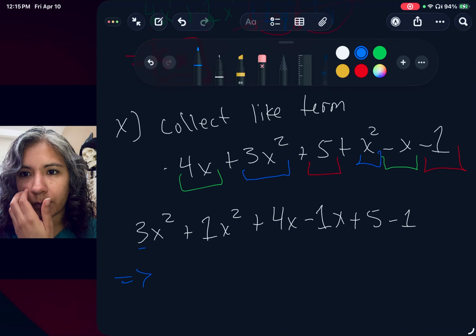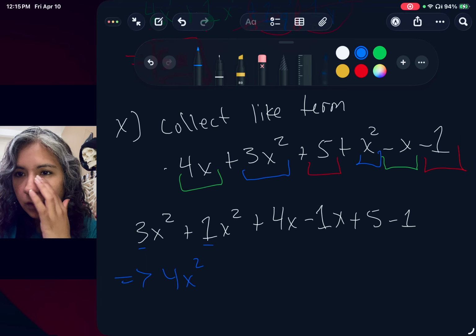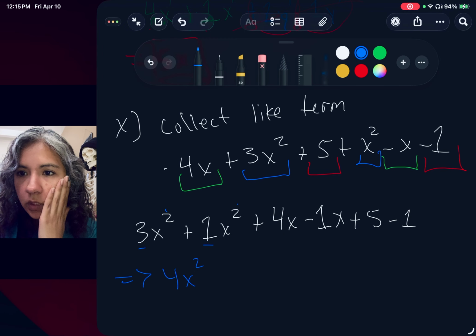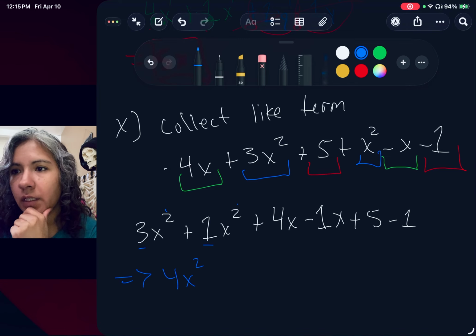Okay, so now this can be rewritten. We're going to go ahead and put these together. So 3 plus 1 is 4x squared. Those are like terms because they have the same exponents. Now we have 4x minus 1x. 4 minus 1 is 3, positive 3, and it's x variable. Now we have 5 minus 1.